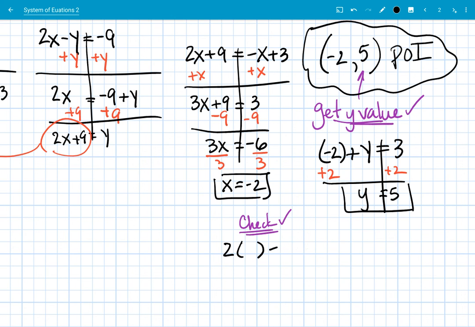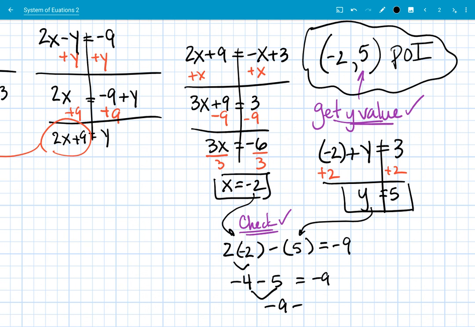And we said that the x was negative 2 and that the y was 5. And if this works, we're in good shape. Let's see. Negative 4 minus 5 equals negative 9. And that's true. So that checks. And so now we know this is the correct point of intersection.